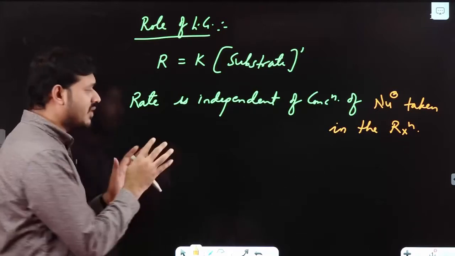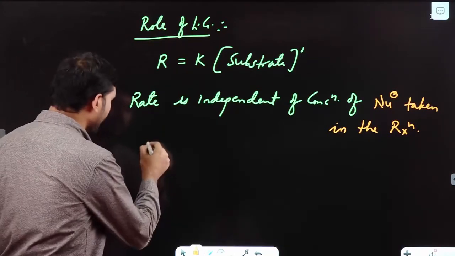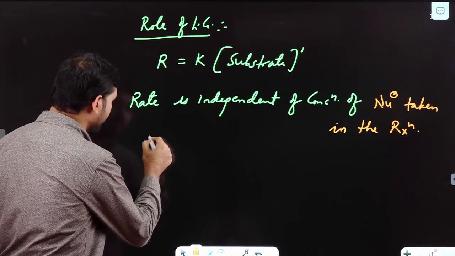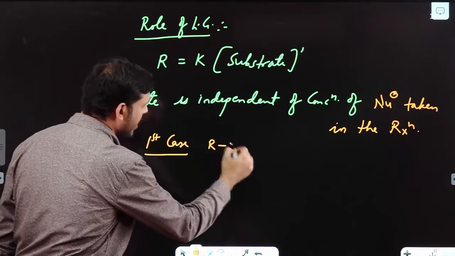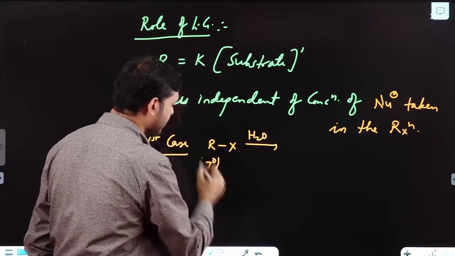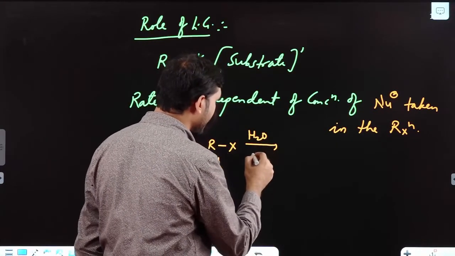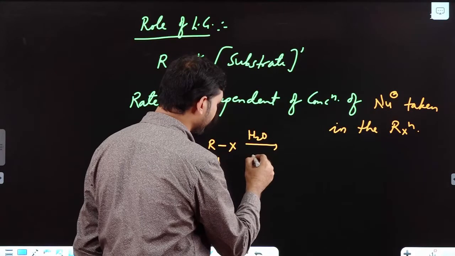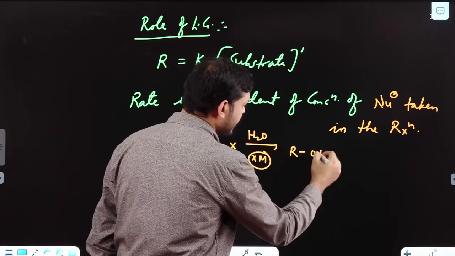When the reaction was proceeded by taking, first case, RX with H2O, this is 3 degree, and suppose it was observed as X molar, and you get ROH.